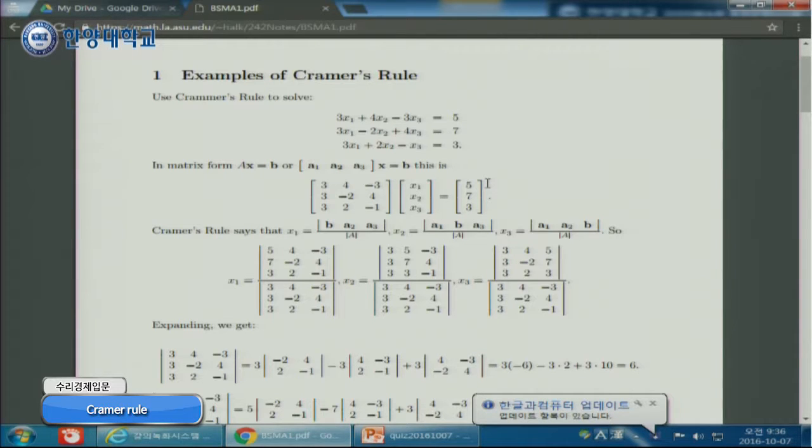Actually, there is an intuition for this. Before I explain the intuition of Cramer's rule, let's use Excel to check the answer.